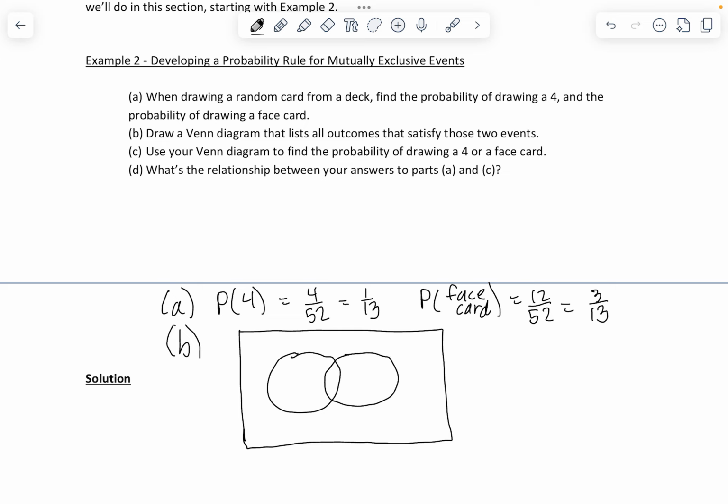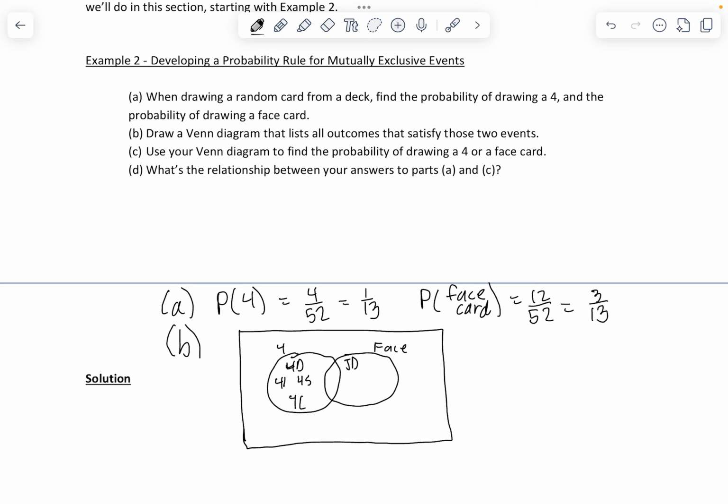We'll label this one for the event of drawing a 4, this one the event of drawing a face card. I'm going to use 4D for 4 of diamonds, 4H for 4 of hearts, 4 of spades, and 4 of clubs.